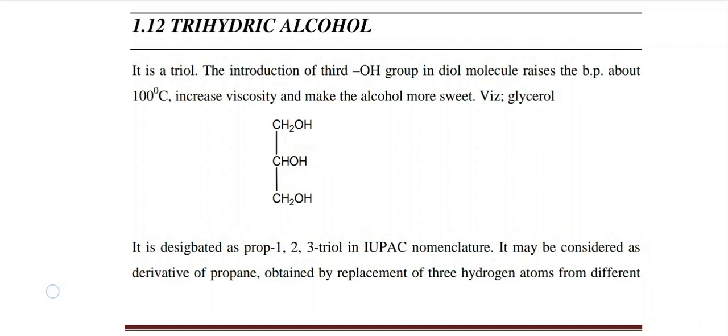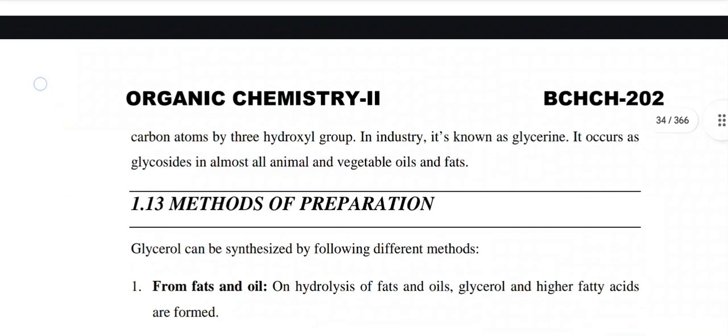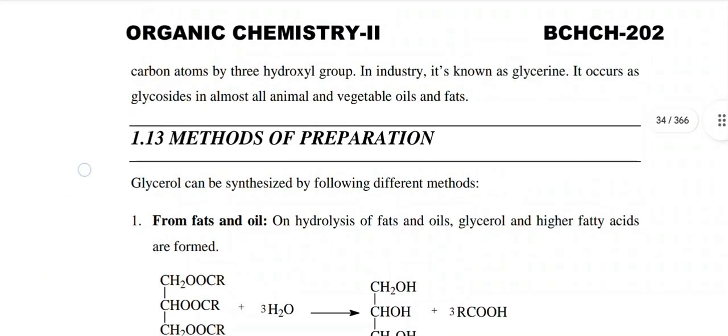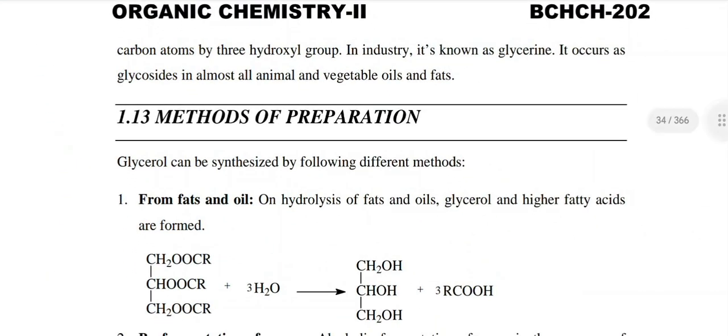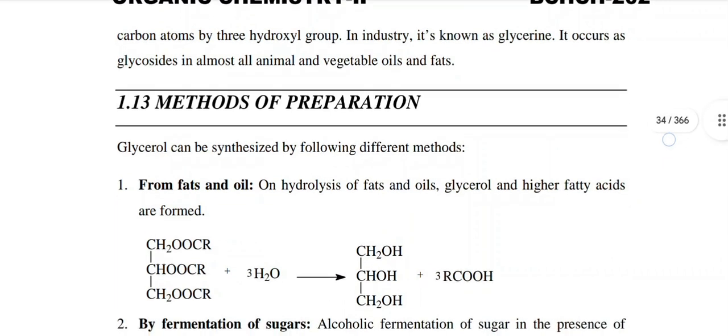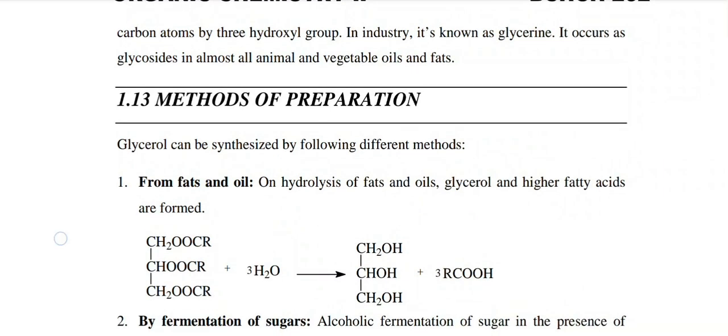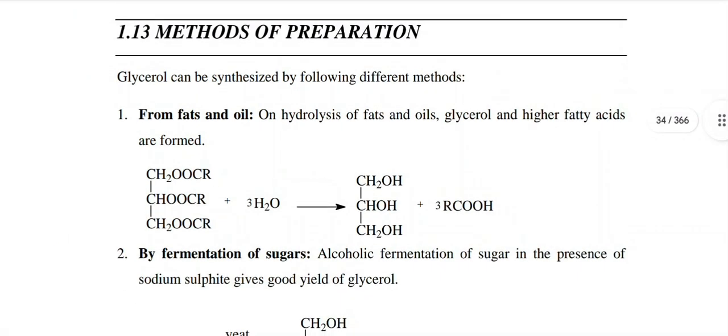It can be considered a derivative of propane obtained by replacement of three hydrogen atoms from different carbon atoms by three hydroxyl groups. In industry, it is known as glycerine. It occurs as glycerides in almost all animal and vegetable oils and fats. Method of preparation.